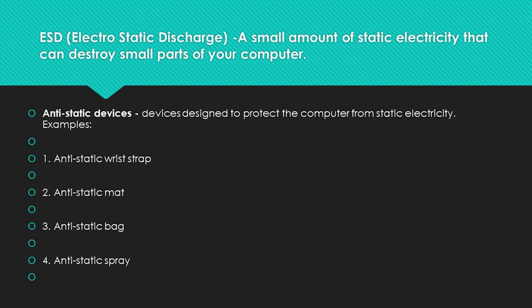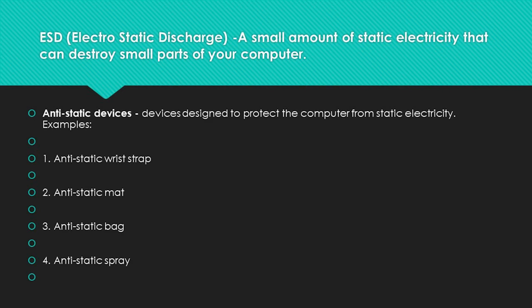Next, we have the term ESD. So what is an ESD in computer terms? ESD is a small amount of electricity that can destroy small parts of your computer. So if we have ESD, we have anti-static devices. These are devices designed to protect the computer from any static electricity.